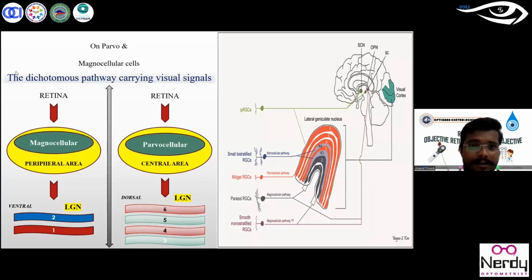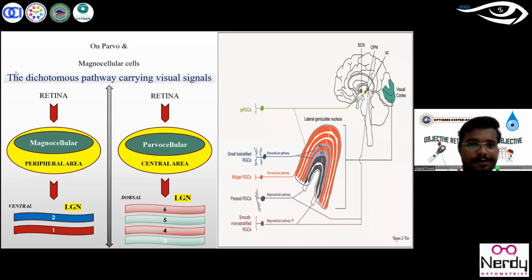If you look at the picture, you realize that the first stop in the brain is the lateral geniculate body from the ganglion cells in the retina. There are parvocellular cells and magnocellular cells in the retina, and there is a nasal retina and the temporal retina divided with respect to the fovea, and the first stop is in the lateral geniculate body.